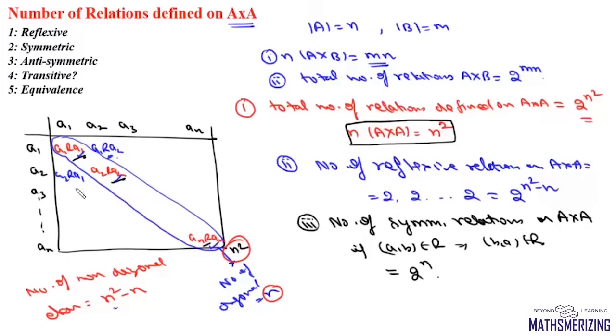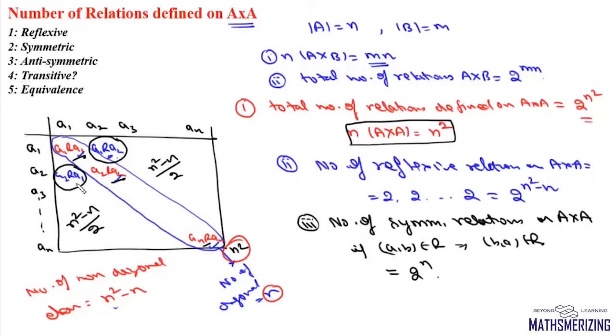Now what about non-diagonal elements? Now for non-diagonal elements, if we select any element, then we have to select its corresponding symmetric element. So what we'll do is we'll find number of elements in lower triangular matrix. Now out of these n square minus n elements, n square minus n by 2 elements will be below the diagonal, and n square minus n by 2 elements will be above the diagonal. So for each of these n square minus n by 2 elements, we have two choices.